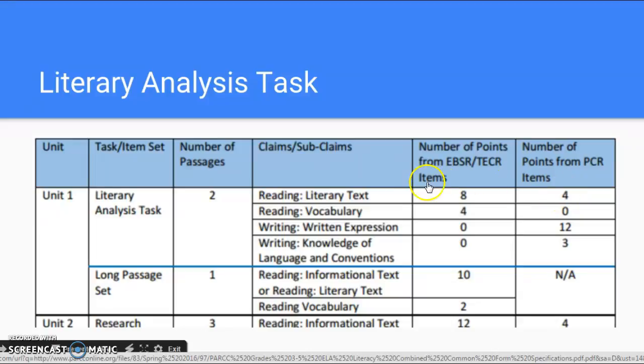We also know that the vocabulary will only be assessed on the EBSR and TECR questions. Further, students' written expression and language usage will only be assessed through their essay. You'll notice that with each unit, there is also an additional text set in which students read another text and are asked only EBSR and TECR questions.